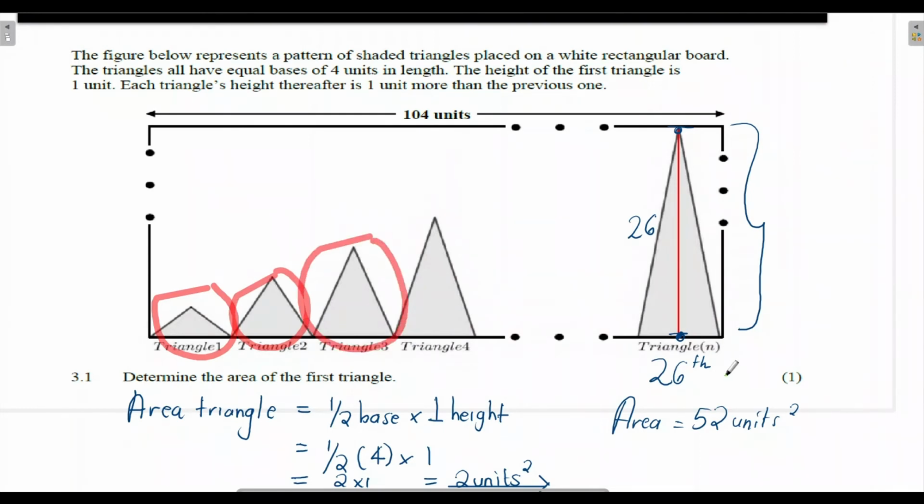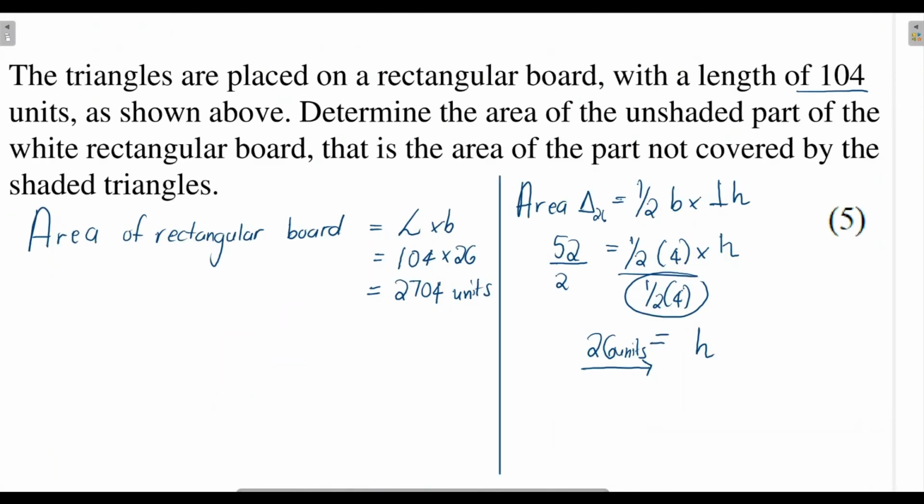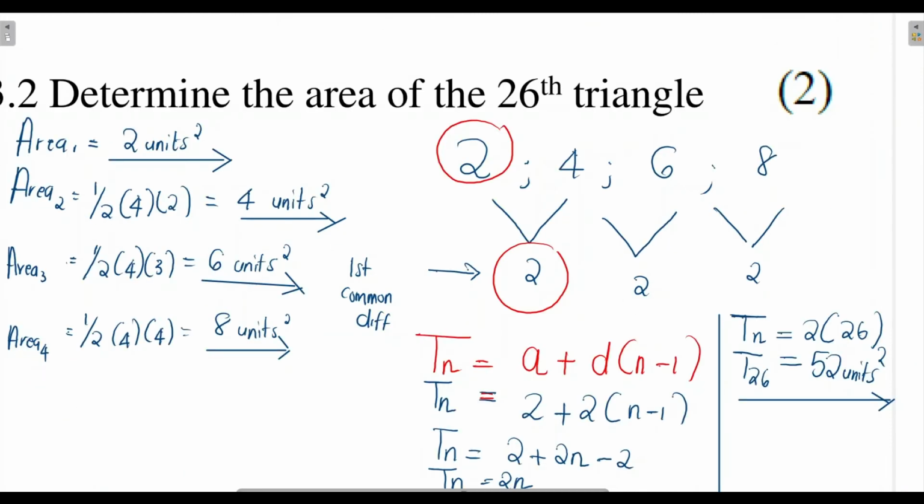Because we saw that we are dealing with an arithmetic sequence, to get the sum of the areas of all these triangles, we use the formula for the sum of an arithmetic series, which is n over 2 times 2a plus n minus 1 multiplied by d.